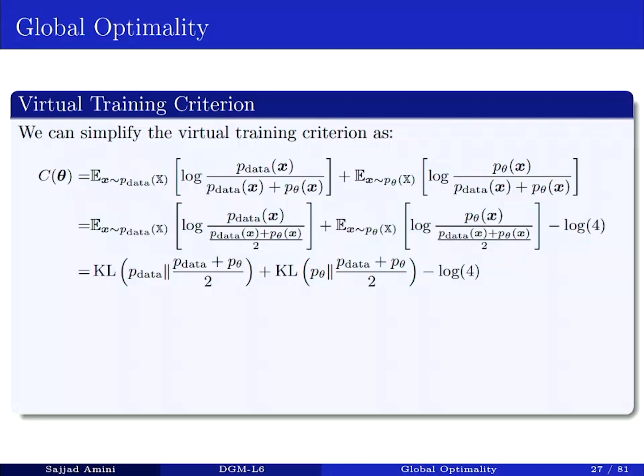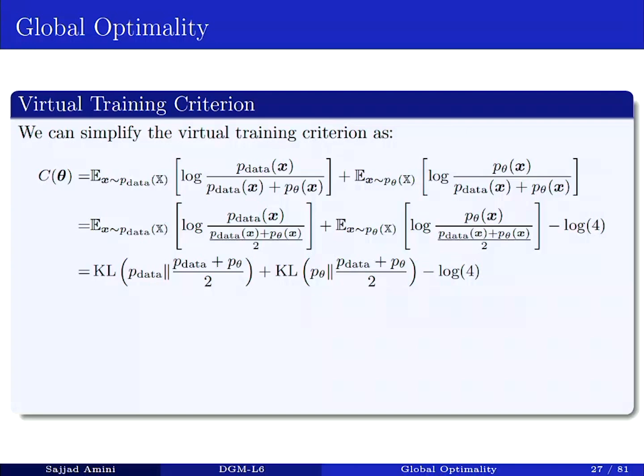The most important point is that assume this is P, for example, starting from 1 to 3, this is your PDF, P as a function of X. And this is Q starting from 0 to 2. For these two functions, both of these two KL divergences are infinity.